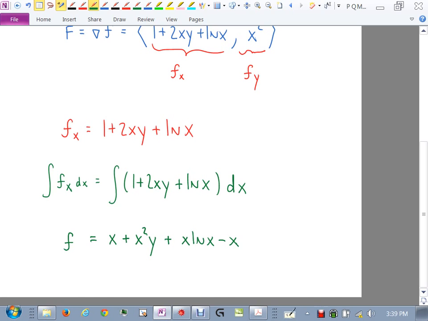However, because we did a partial derivative, when we took the partial with respect to x and got this right here, anything that just had y in it would have gone to what? 0, right?